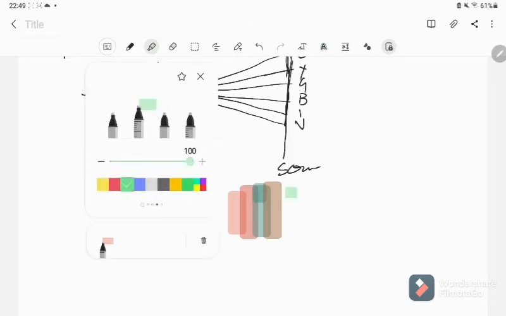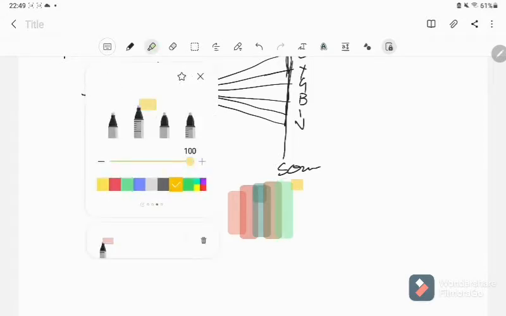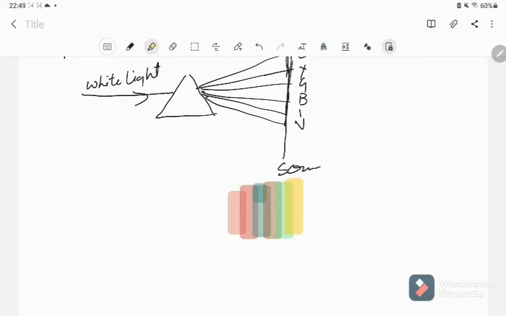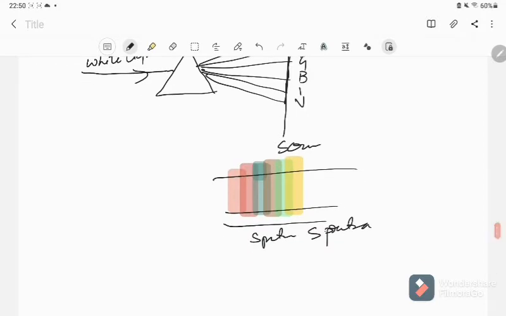This is not according to the order, I'm just writing it for example only. This band of color, these different colors, is called spectrum, or spectra, atomic spectra. This spectra is for white light, so this is visible, that is why we can see the different colors.